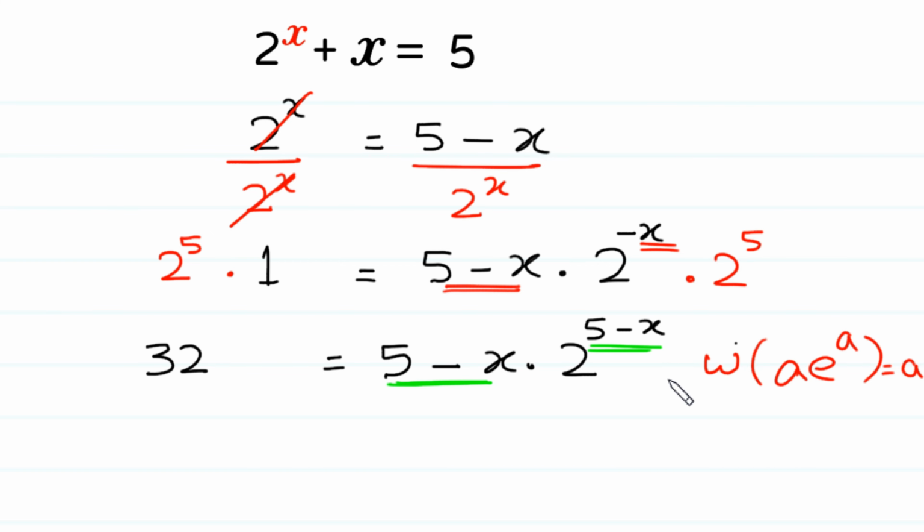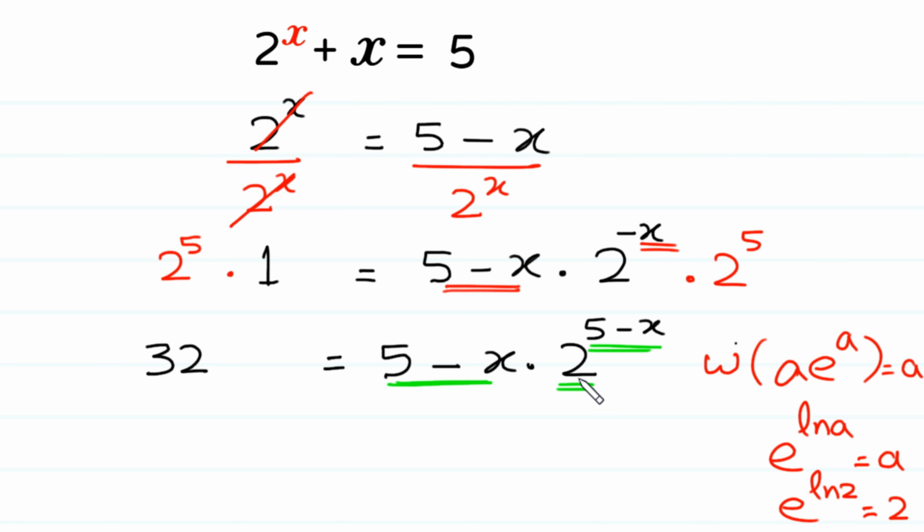But to apply here Lambert W function, we must have e here. Now we have here 2 and according to the natural log rule, e to the power ln of a is equal to a. It means e to the power ln of anything is equal to that thing. According to this rule, e to the power ln of 2 is equal to 2.